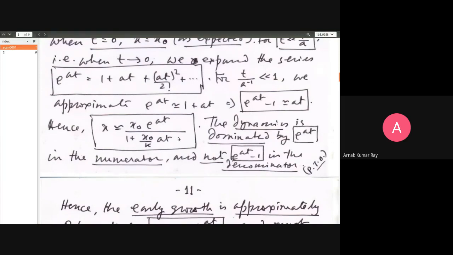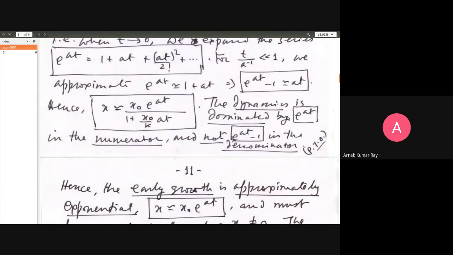So in the early stages, the growth will be dominated by the exponential part up here compared to the linear part. At is linear, right? This will be dominated by the exponential part instead of this approximately linear part in the denominator. So that is what has been written.